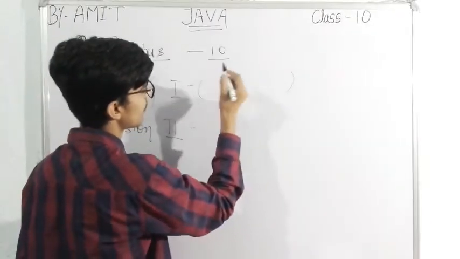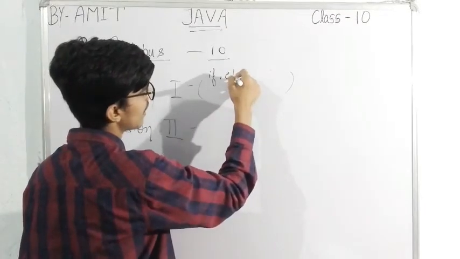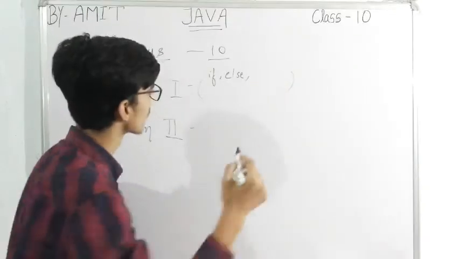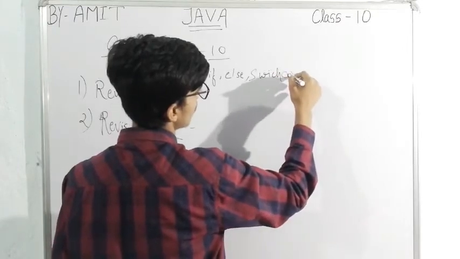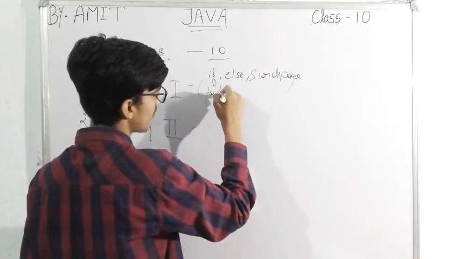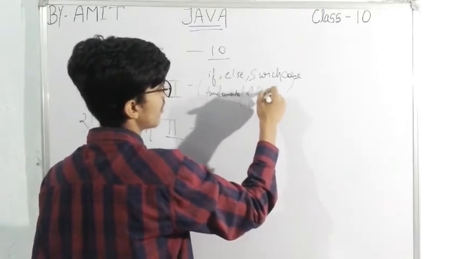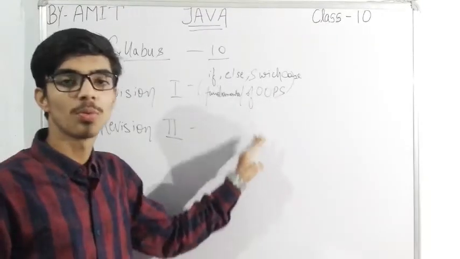Now what does this consist of? Revision 1 consists of if, else and a few switch case, and this contains fundamentals of OOPS.